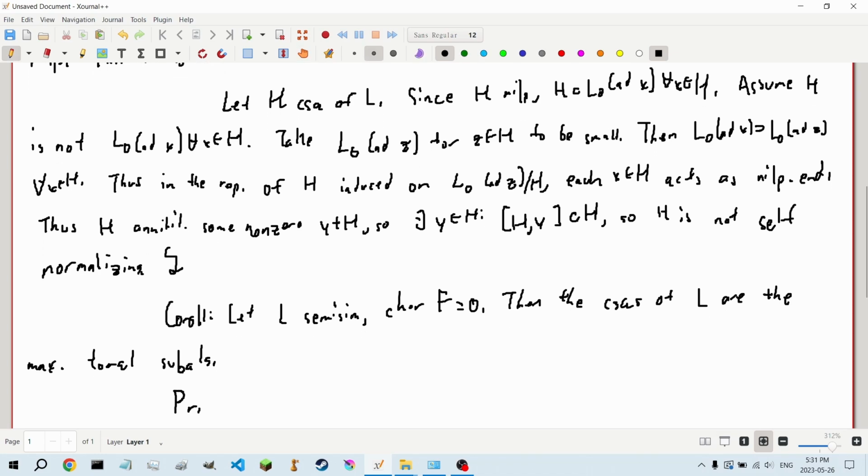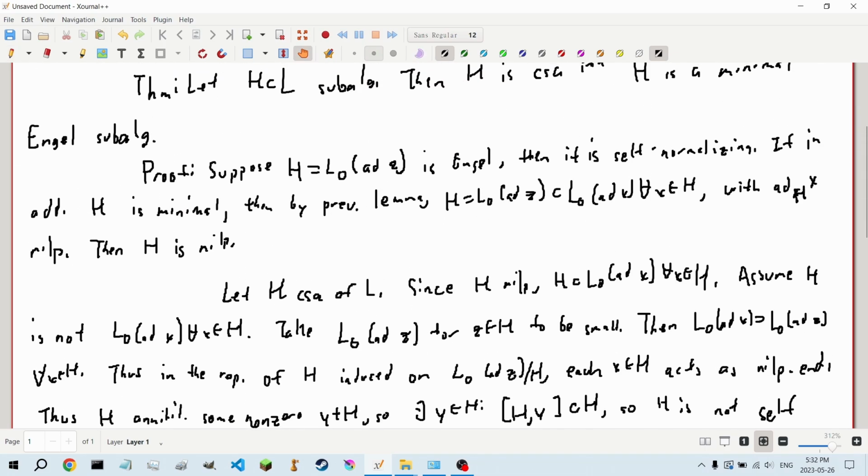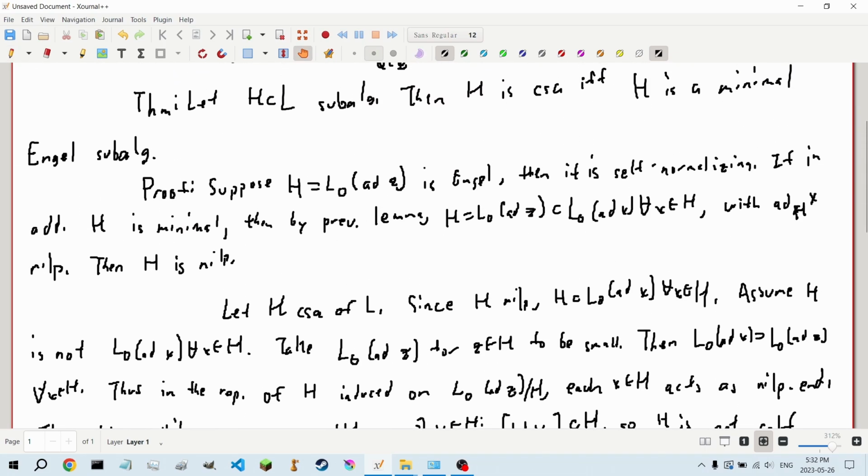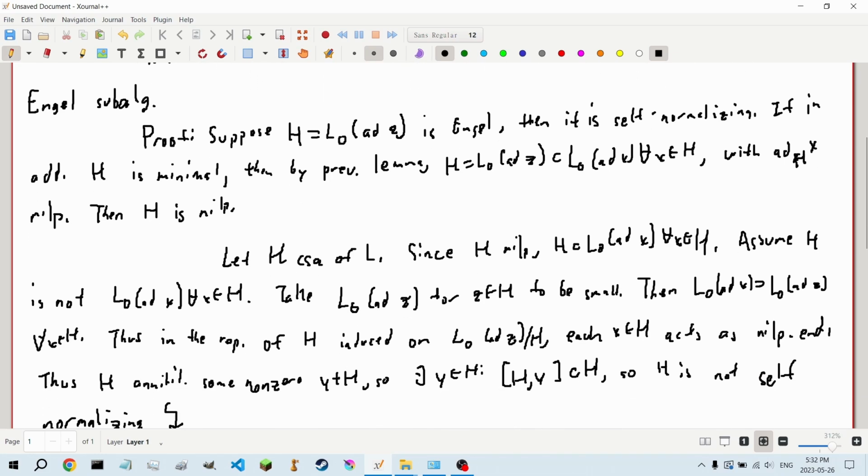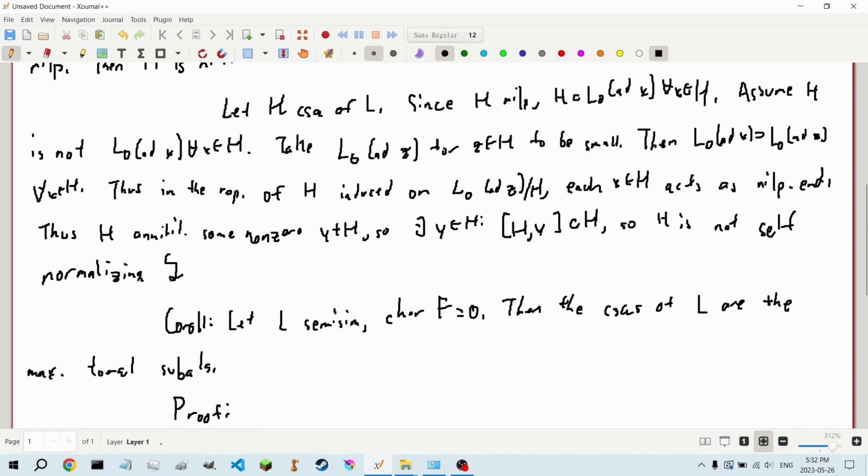We've already done that every Cartan subalgebra is a maximal toral subalgebra. Or no, we did that every maximal toral subalgebra is a Cartan subalgebra.